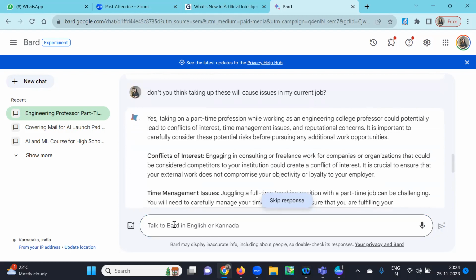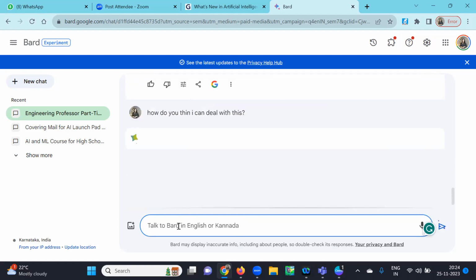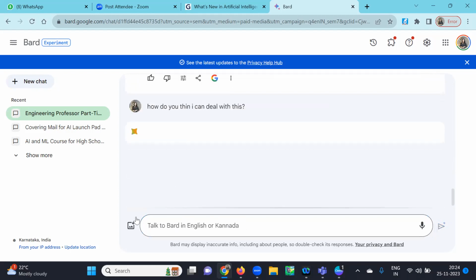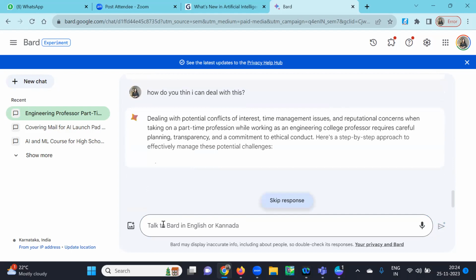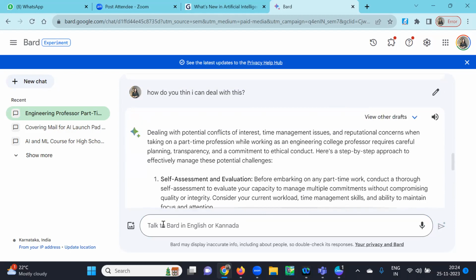Conflict of interest, time management, and all that. How do you think I can deal with this? So all these I'm writing are prompts. Sometimes we may also say act like principal of college, and this is the situation. What decision would you like to take if you are a principal of college? Then it will give us.